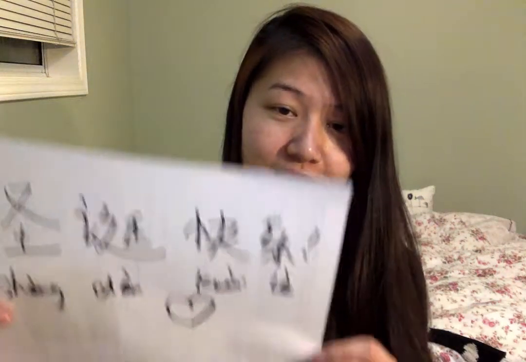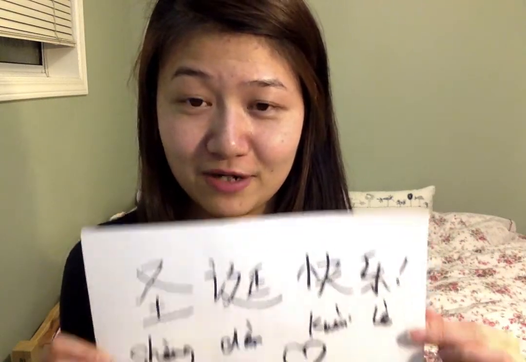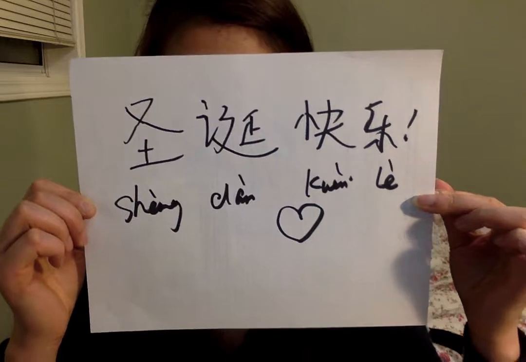Happy birthday, 生日快乐. And then something 快乐 is happy birthday or Merry Christmas or happy something holiday. Okay, so here, 圣诞快乐. Merry Christmas.